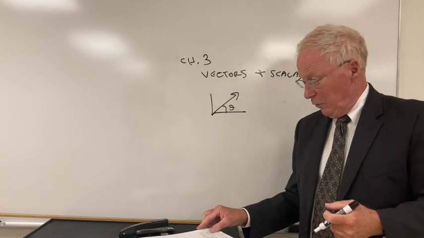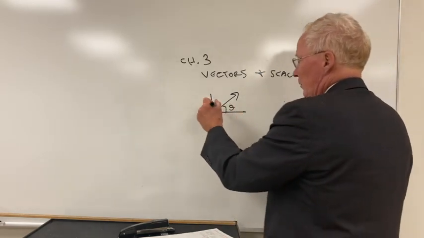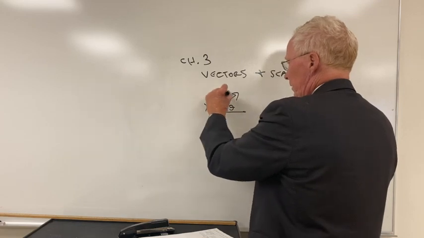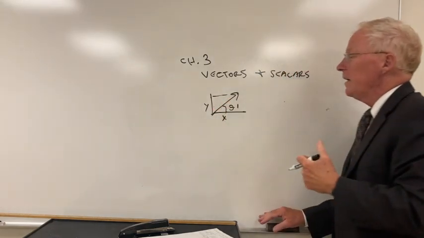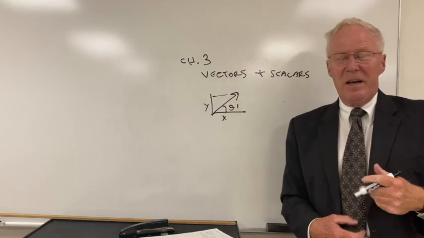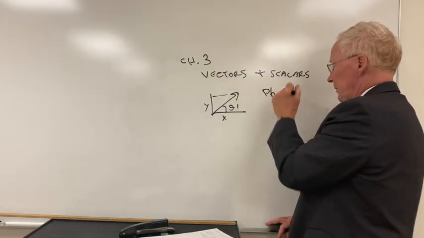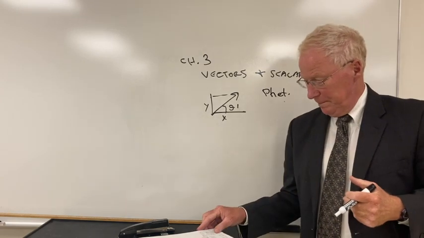And for this part, we break it up into the x direction, y direction, the components of those. And you can use that PhET simulation program to work with some of these problems if you want.